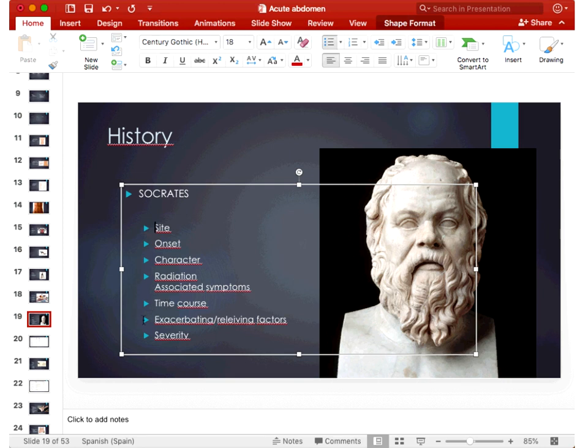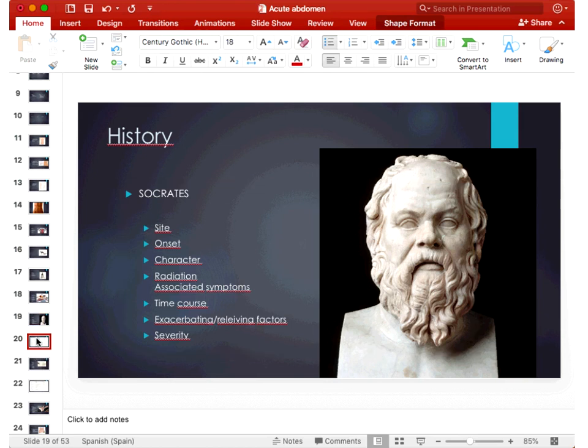The time course is very important, and you have to ask about factors which may worsen the pain or ease the pain, and always ask for severity. If you do this in this order, you will always be organized, and you will not leave out anything.